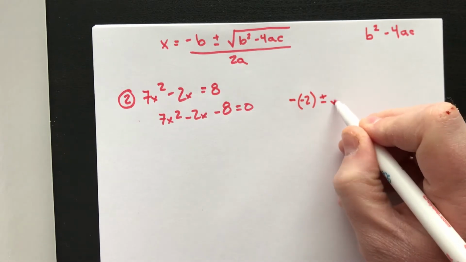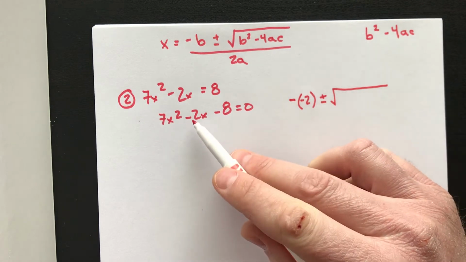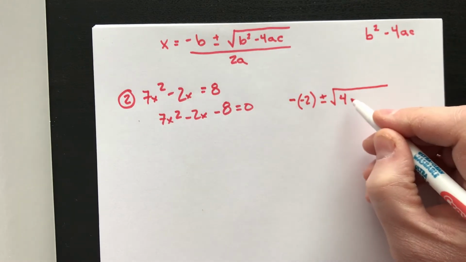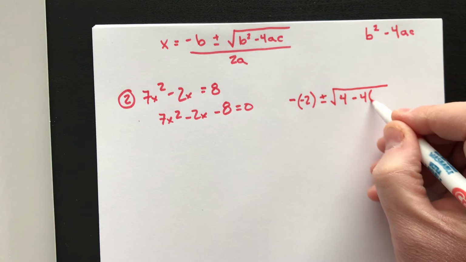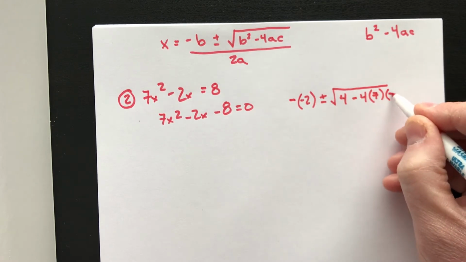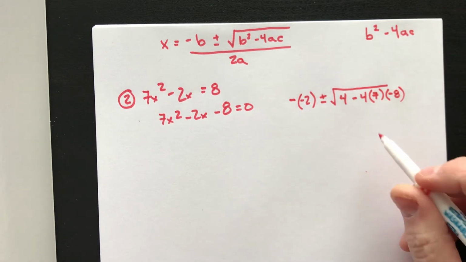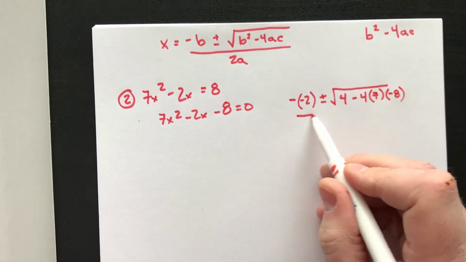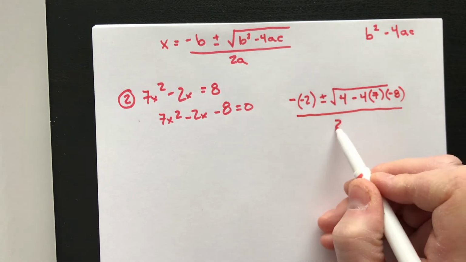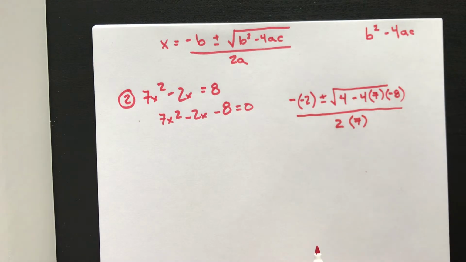Plus or minus the square root of b squared, well, -2 times -2 is 4, minus 4 times your A, which is 7, times your C, which is -8, okay? And then all over 2 times 7, all right?